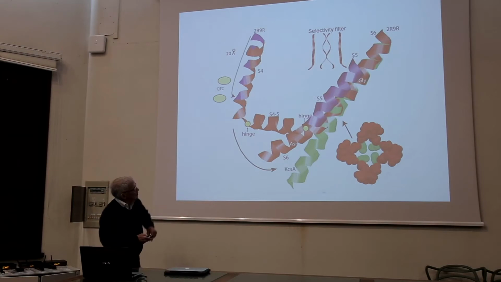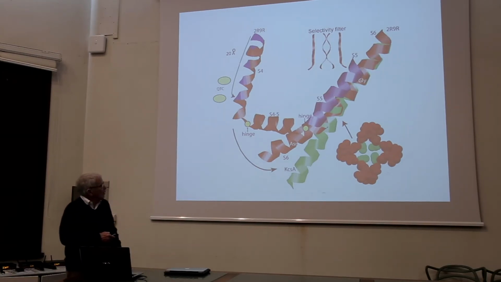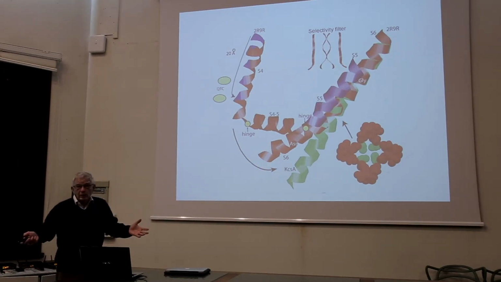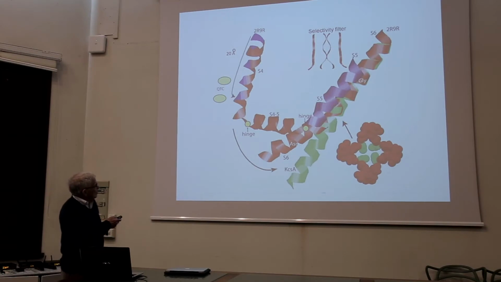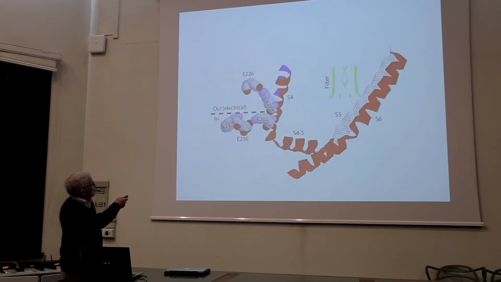So here would be the gating in theory, and thus far there is only a picture of the open potassium channel, because you can't control the voltage when the channel is isolated. So it's only the open conformation that has been. So we're left to guess what happens when the thing closes.